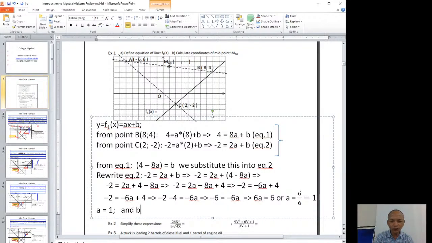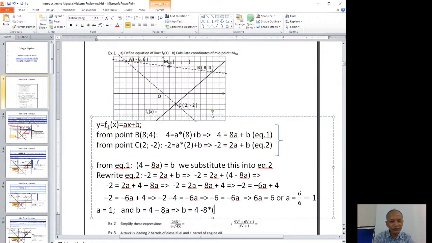And b equals what? The b from the block earlier is 4 minus 8a. We substitute: b equals 4 minus 8 times a.